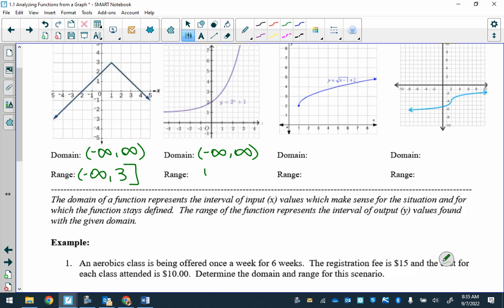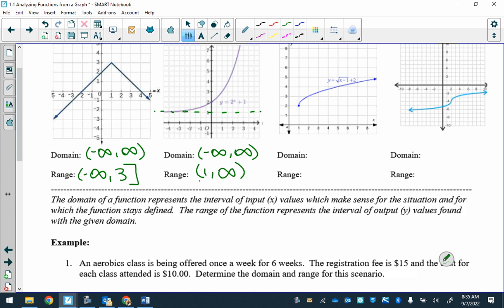And one has, good, excellent. Okay, for number 3. Go ahead, Liz. Yep. 1 has parentheses because it's moving up 1 and we have our asymptote at 1. Okay, good.